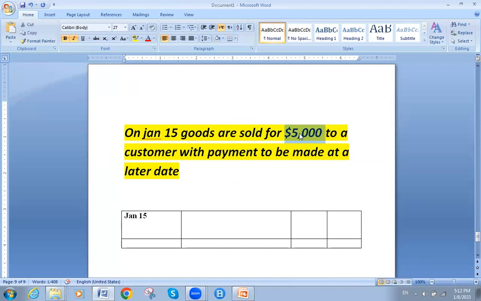If it was cash, we would say from cash to sales, 5,000. But wait a minute. To a customer, look at this, with payment to be made at a later date. As long as it's a later date, then we will say from account receivable into cash. From account receivable into cash.